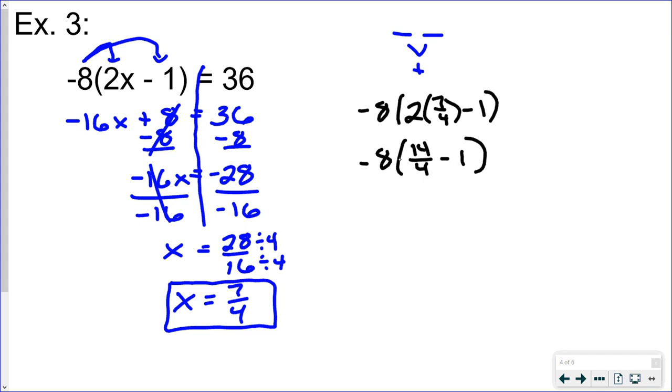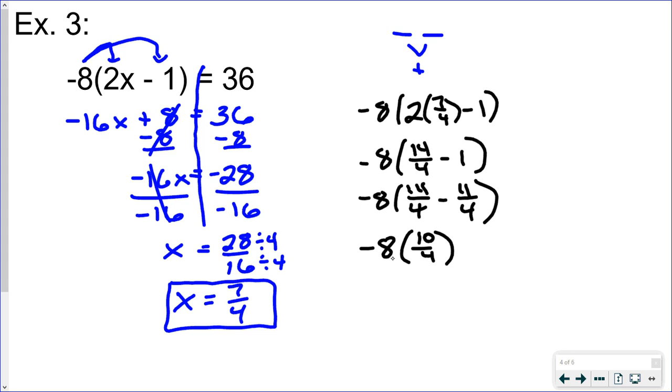Let's distribute. No, I'm gonna subtract these. So I got to get a common denominator. So I'm gonna rewrite the 1 as 4/4. So negative 8 times 14/4 minus 4/4. So 14/4 minus 4/4 is 10/4. So now I have negative 8 times 10/4. Remember, you just put the negative 8 over 1 and multiply straight across.